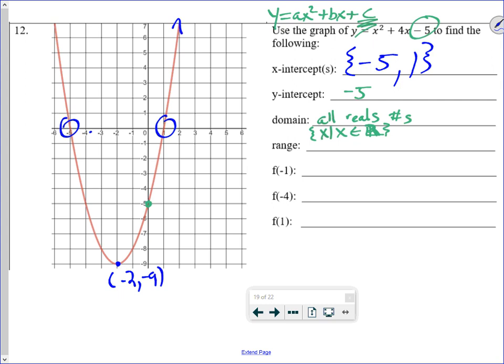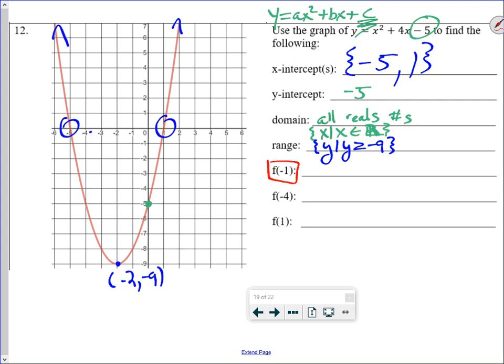And because this is a parabola up, it goes up forever, but there aren't going to be any points below -9. So the range is going to be all values of y such that y is greater than or equal to -9.